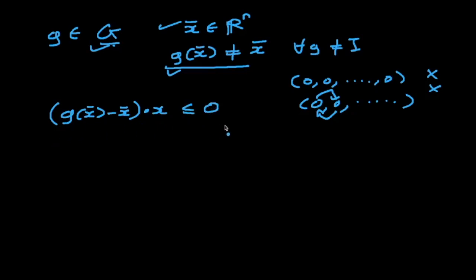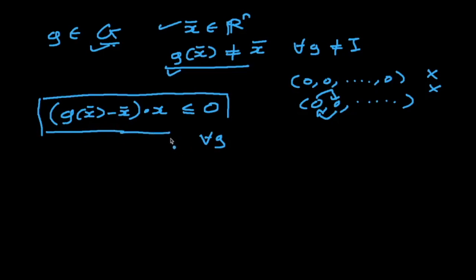This is one linear inequality for one g, right? And if we add it for all g, then this basically defines a fundamental region, right? So for all g, if I add all of these inequalities, then this is a fundamental region. So this x belongs to Rn, where x satisfies these inequalities, then it's a fundamental region.